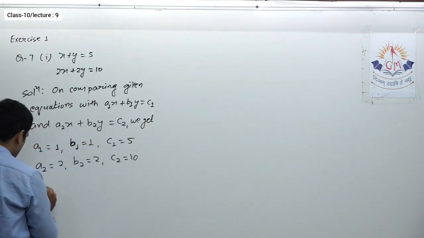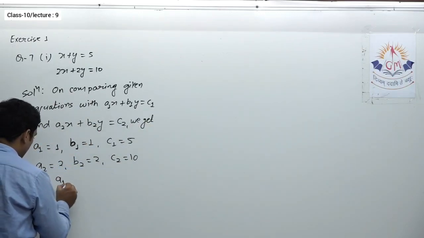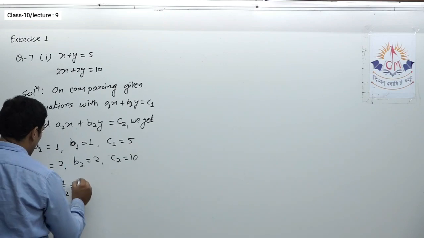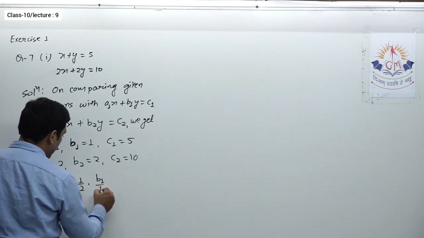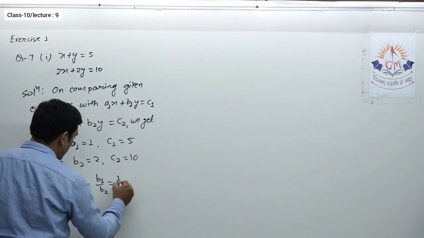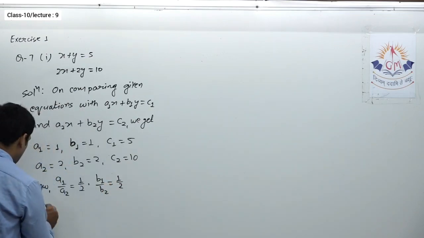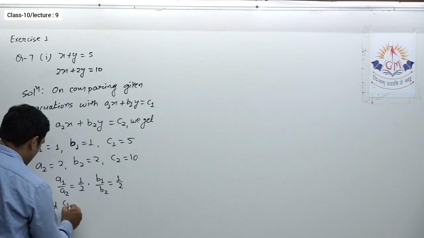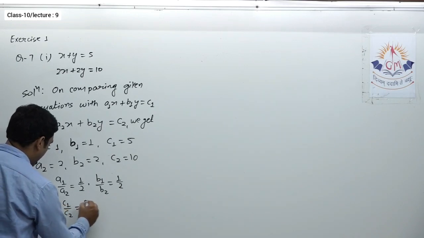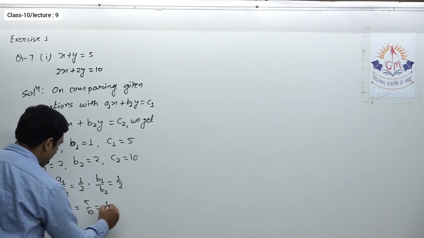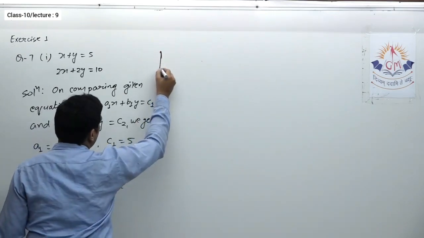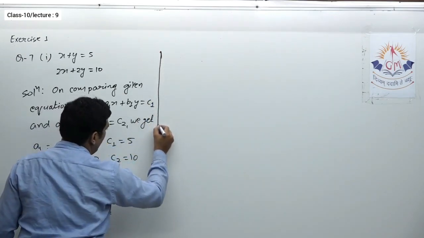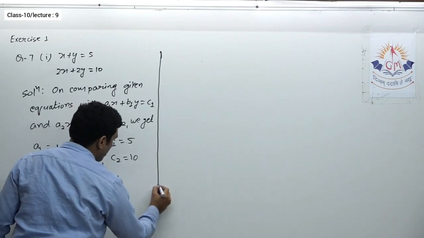Now a1 upon a2 is equal to 1 upon 2, b1 upon b2 is again 1 upon 2, and c1 upon c2, that is 5 by 10, is again 1 by 2. So here all three ratios are equal. Easily we can see the given pair of equations is consistent.